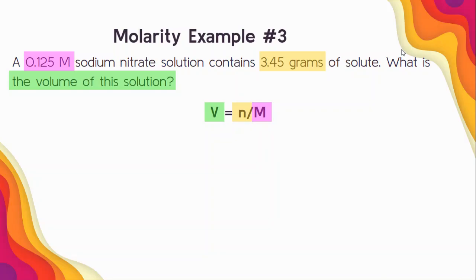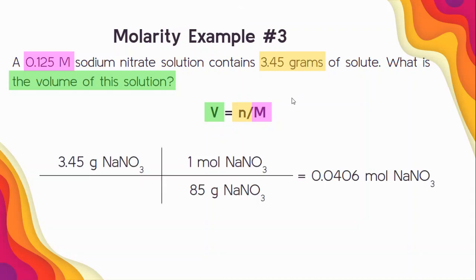We are given the molarity straight up, but we are not given the moles straight up. We're given grams. So we would need to do compound stoich to convert 3.45 grams of sodium nitrate into moles, which looks like this. You start with the 3.45 grams in the upper left-hand box.